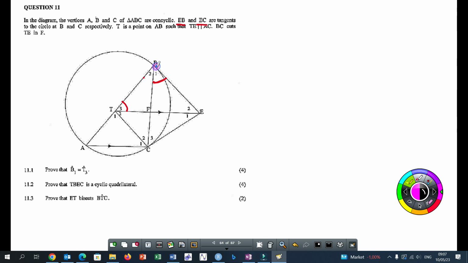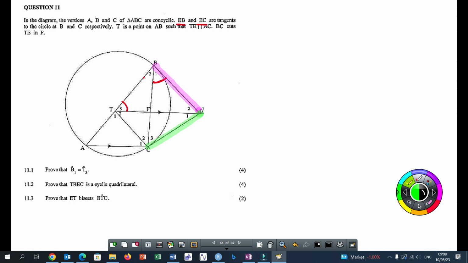So, we have got BE, that's a tangent, right? And then we have got CE, that's also a tangent. And the two tangents, I'm sure you can see there, we have got theorem what? 8. They are drawn from the same what? Point outside the circle. Okay? Which means for this question, we are going to use theorem 8 somewhere.